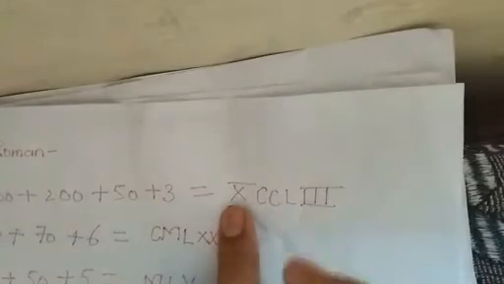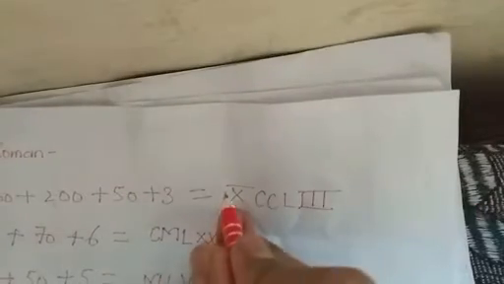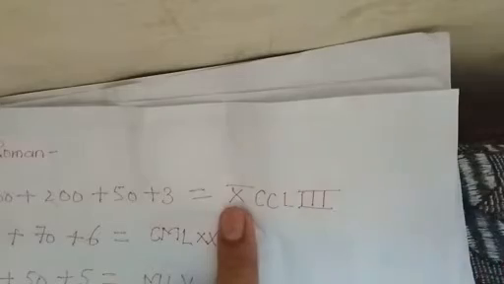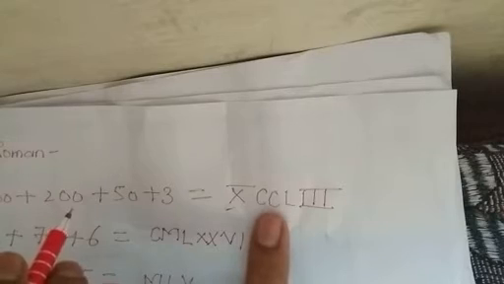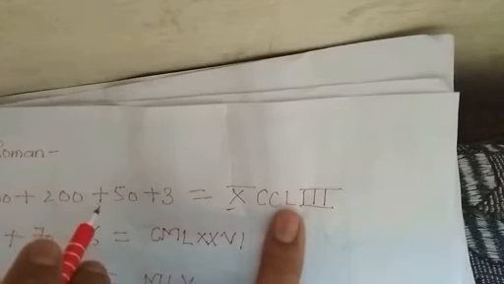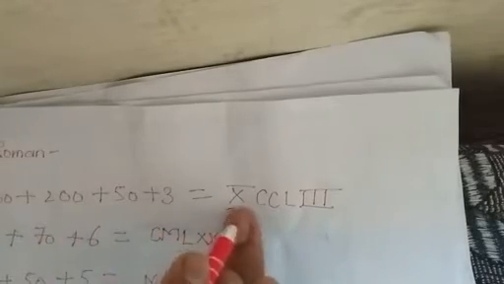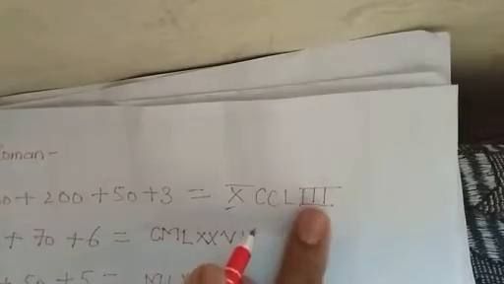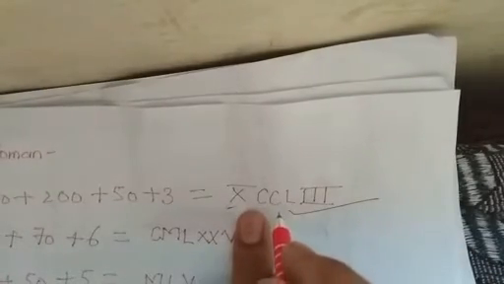Because the symbol of X shows 10, and when you indicate the bar, then 10 will be multiplied by 1000, means 10,000. The Roman number of 200 is CC, double C, and the Roman number of 50 is L, and 3 is triple I. So bar X, double C, L, triple I will indicate 10,253.